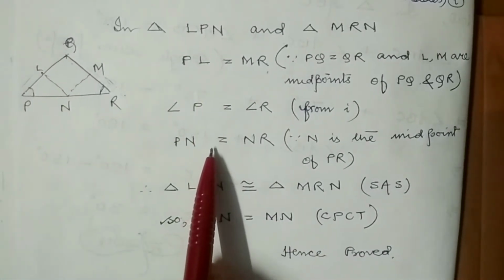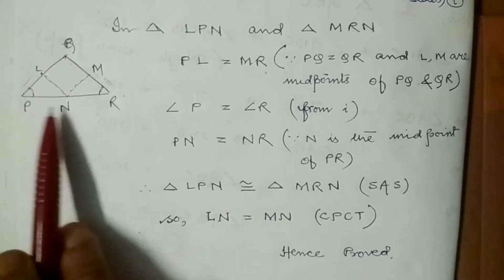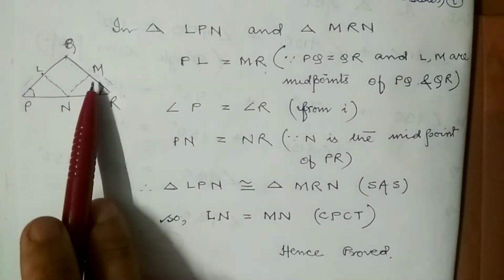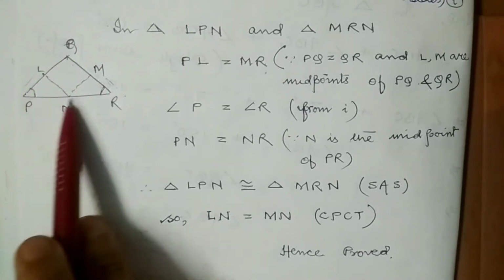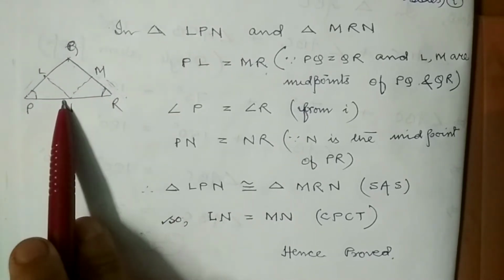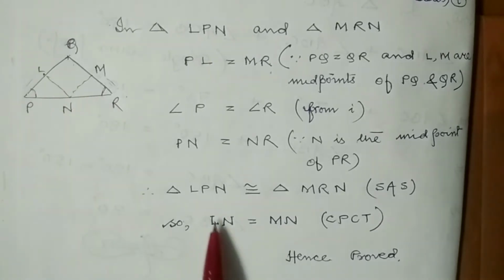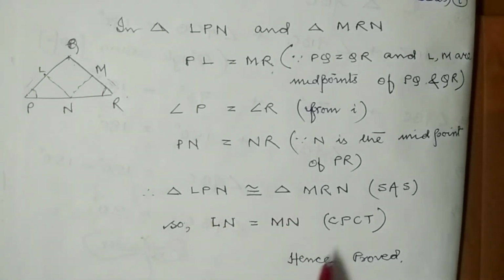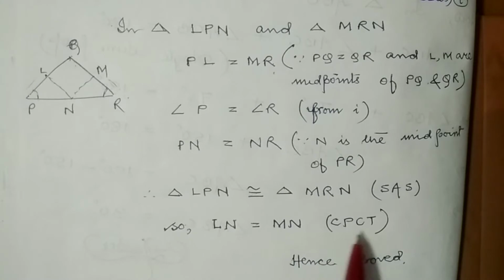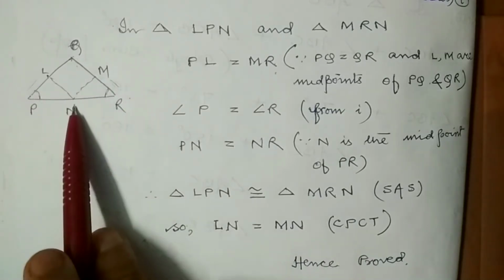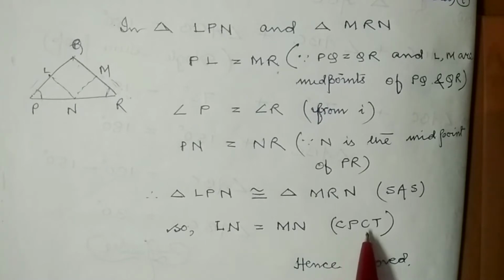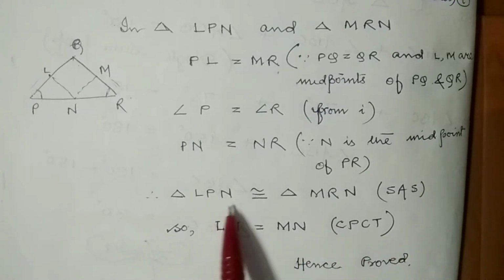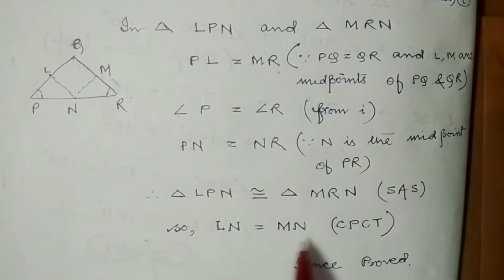So triangle LPN must be congruent to MRN because side, angle, side, triangles are congruent, and since triangles are congruent, their corresponding parts must be equal. So LN equals MN by CPCT, that means corresponding parts of congruent triangles. Whenever triangles are congruent, their corresponding parts are equal.